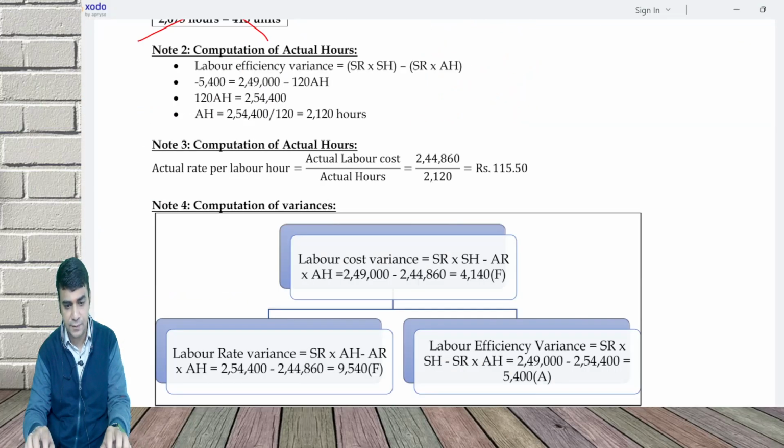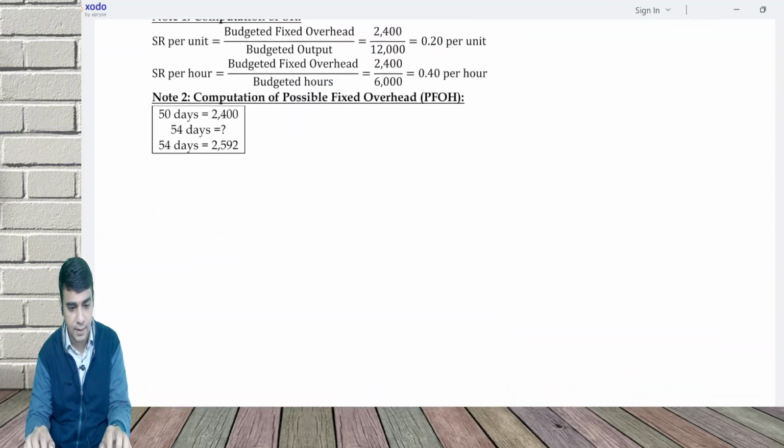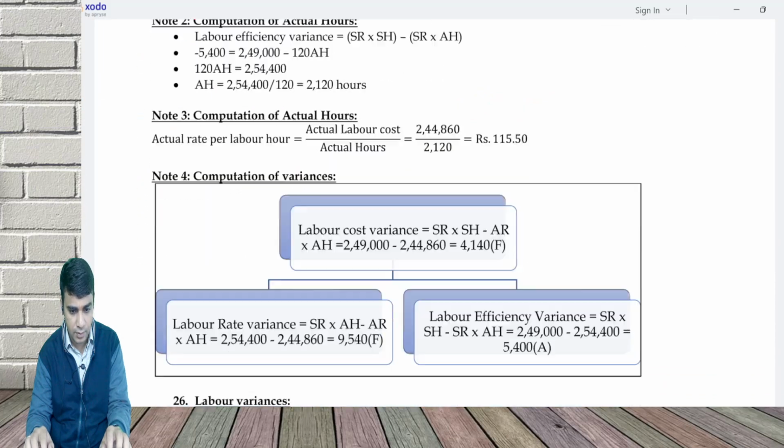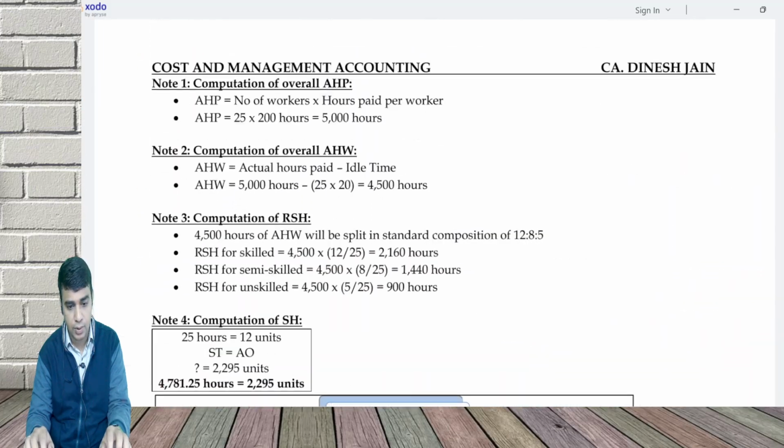Let's see this in a question first. Go through 27.